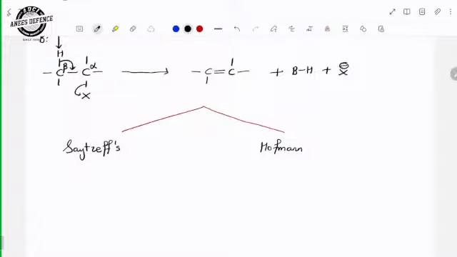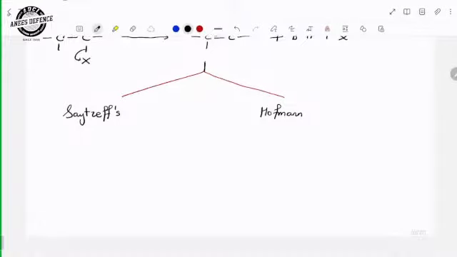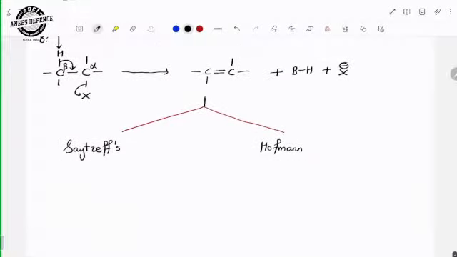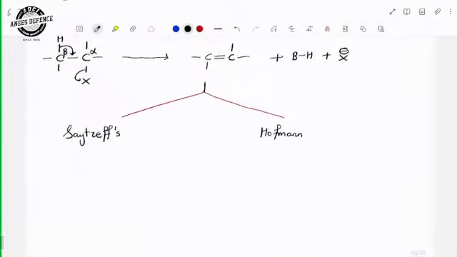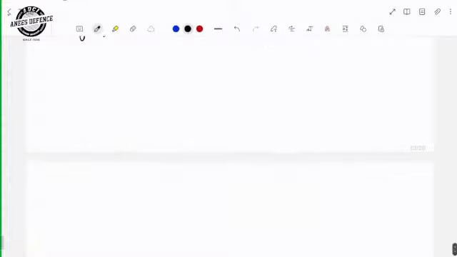Both are beta elimination and both mechanisms are the same, but the product we get will be different. So let us see one example.